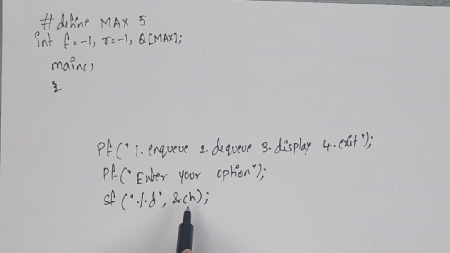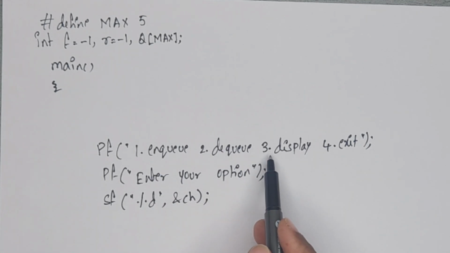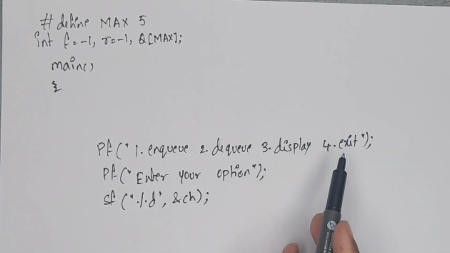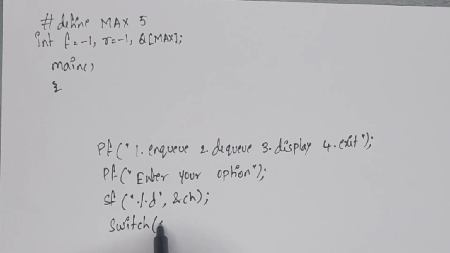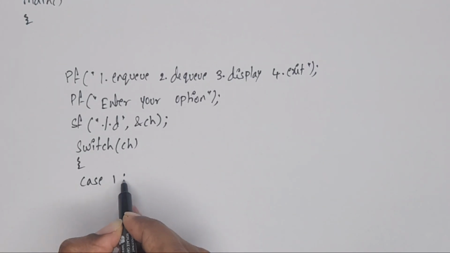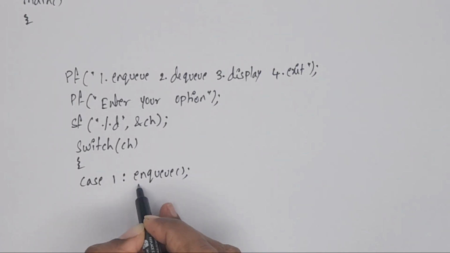Now if CH is 1, call NQ. Otherwise, if it is 2, DQ. Else, if CH is 3, call display. Else, if CH is 4, exit. So you can write an else-if ladder, or else simply we can write a switch case, switch of CH. If it is 1, then call the NQ function, break.